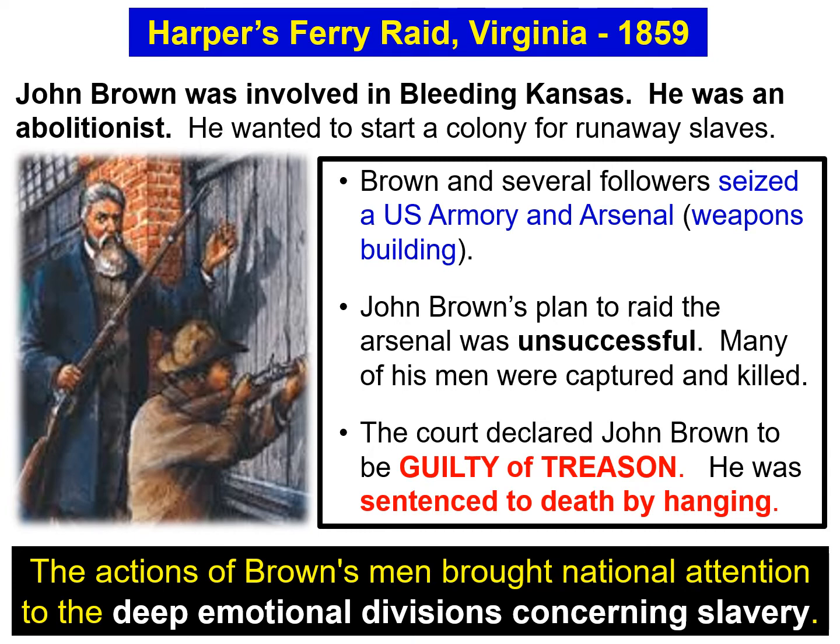Now, his actions, he's a white man. His actions showed America that this issue about slavery is deep and it's causing a lot of problems, and we need to start looking at this more seriously. So people are trying to handle the issue of slavery, and some people are going about it in a way that was reckless.